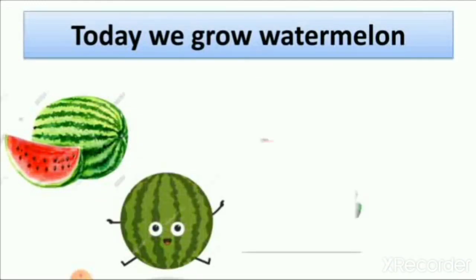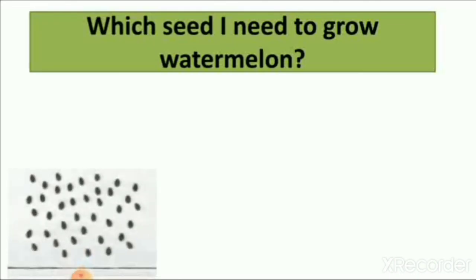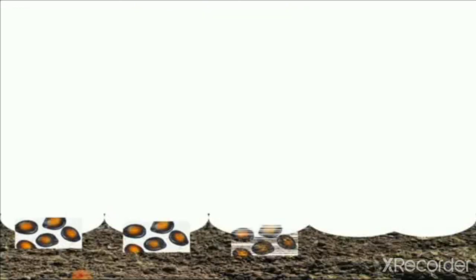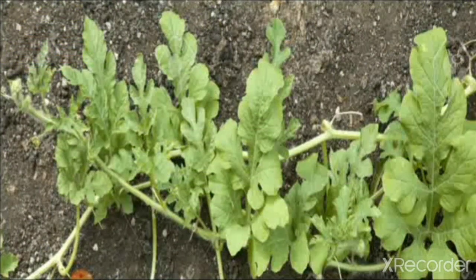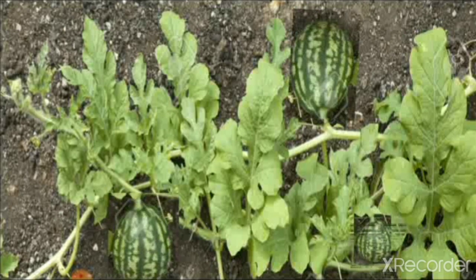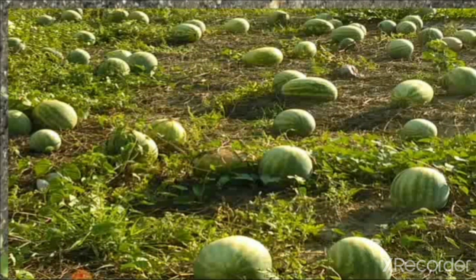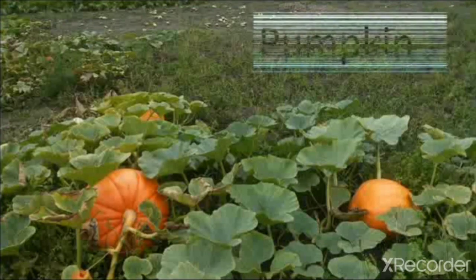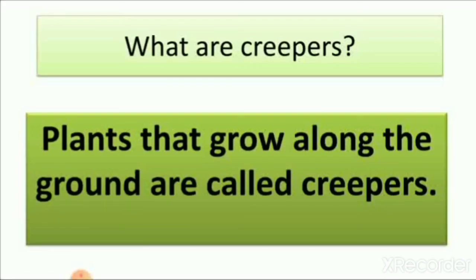So we grow a plant of watermelon. First we start growing with a seed. We take a seed of watermelon. We put it in land. Then we cover it. Then we give sunlight. Then we give water. Then leaves start growing. Small watermelons are there. Big watermelons are there. And we see so many watermelons are there. The examples of creepers are pumpkin and muskmelon.